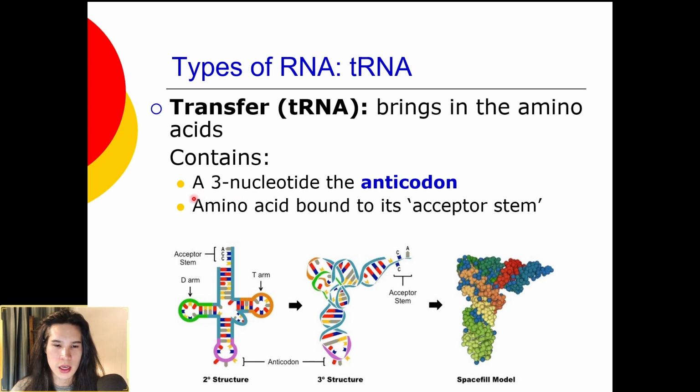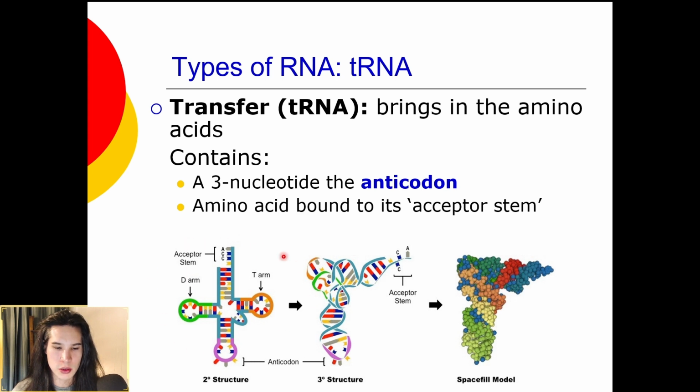So our tRNA is going to be composed of pretty much a body consisting of an acceptor stem, which is what's going to bind to that amino acid. And then it's also going to have this coding region, or we would say the anticodon. So it's going to have a 3-nucleotide anticodon located on it, and it's going to have an acceptor stem located on it.